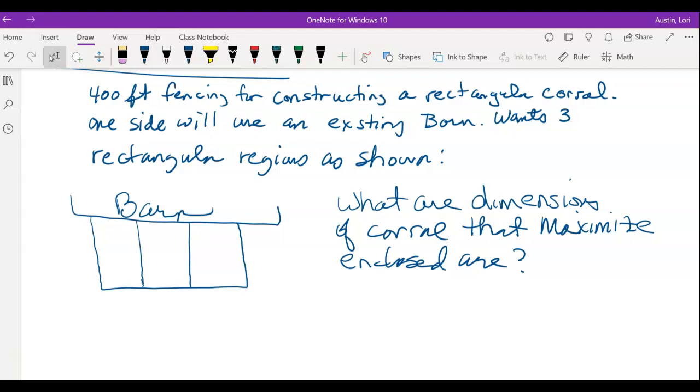Aren't they all the same length? Does that make sense? So would it make sense to identify this as one variable? We'll call that y. And then I can call each of those short lengths x, but keeping in mind x is also here, here, here, okay?